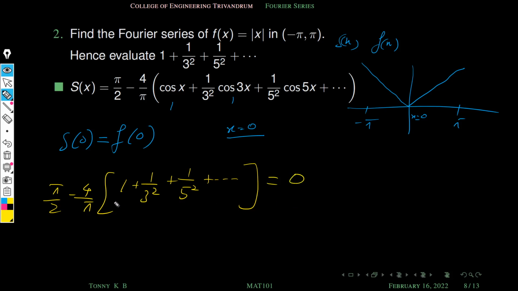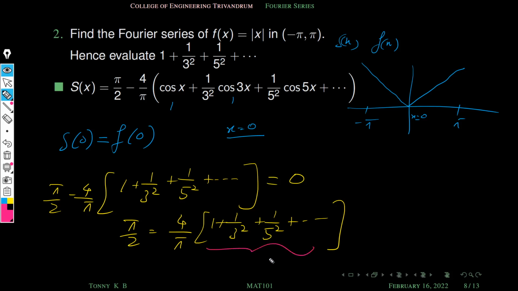Okay, by simplifying this expression, you can find this infinite sum. So pi by 2 equal to 4 by pi, 1 plus 1 by 3 square plus 1 by 5 square, etc. So what is the value of this infinite series? You can just cross multiply this 4 by pi. So this infinite series is equal to pi square by 8, right?